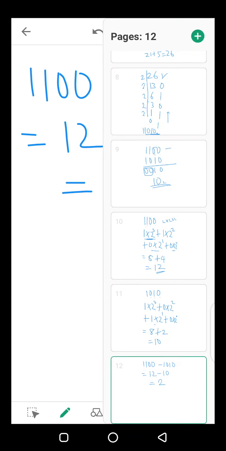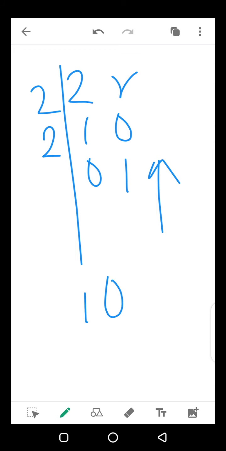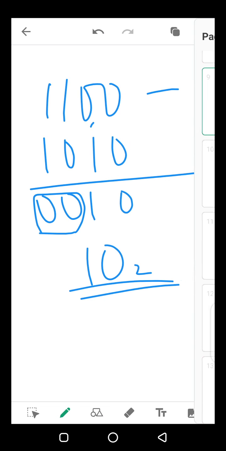Now we have 2 divided by 2, it will give us 1, remainder 0. Then 1 divided by 2, it will give us 0, remainder 1. So this is our answer, 10 in base 2, and that is what we got here, 10 in base 2. So we got the right answer.